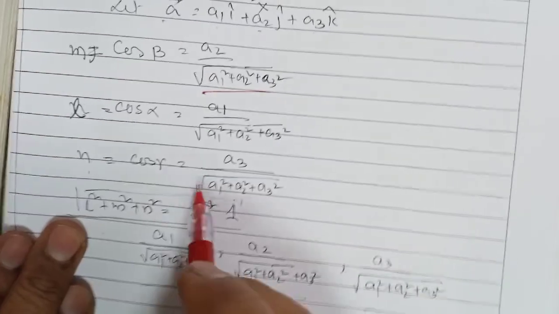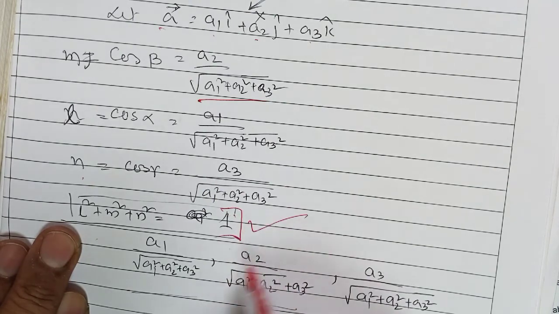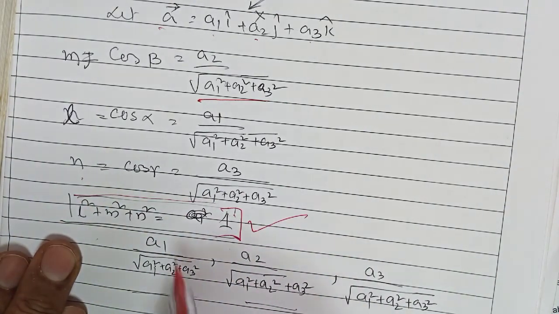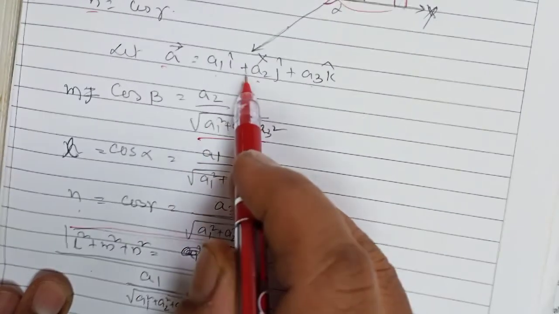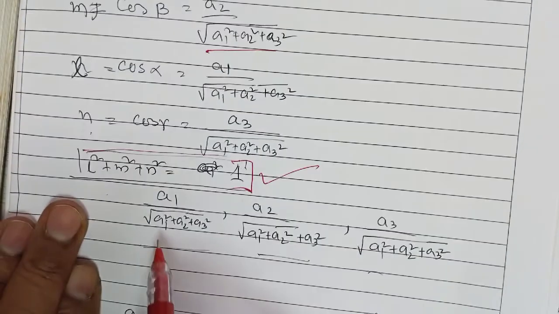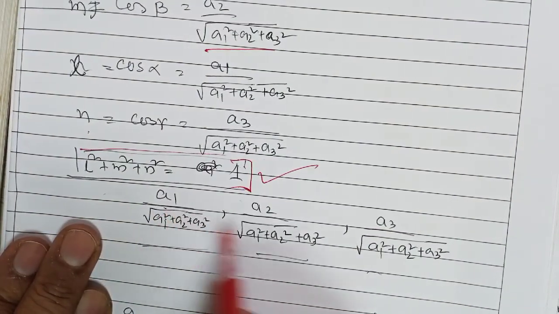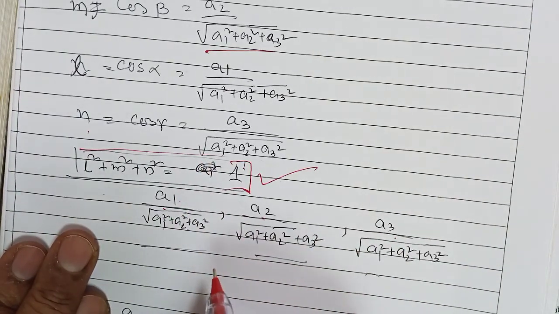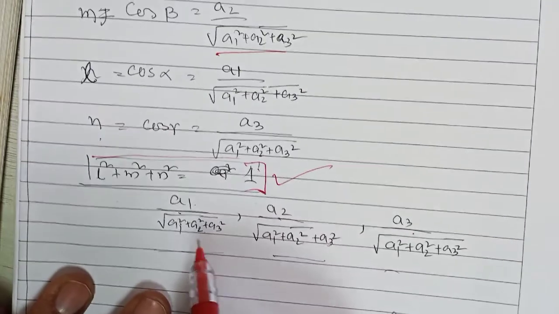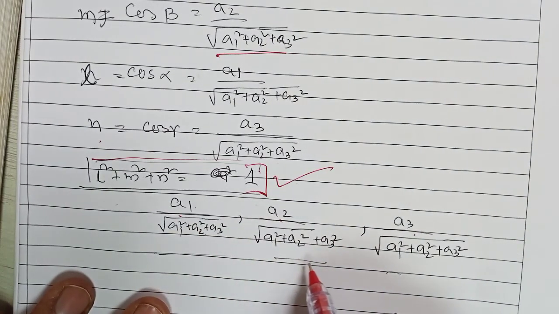If we square and add, this cancels and it becomes 1, a very important formula. So if a vector is A1 i cap, A2 j cap, A3 k cap, then the direction cosines are these. Now direction ratio: the numbers which make the direction cosines proportional are called direction ratios.